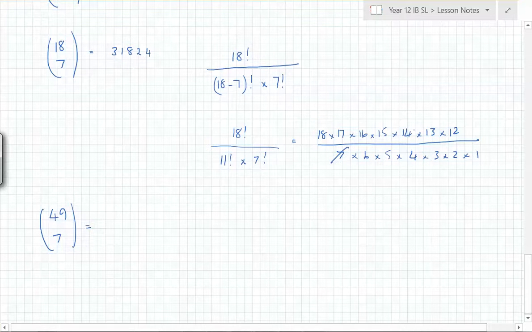Well, 7 with 14, that makes a 2. Okay, 6 with the 12 makes a 2. Anything else? 5 with 15 makes 3. 3 with 16 makes 8. 2 with 18 makes 9.